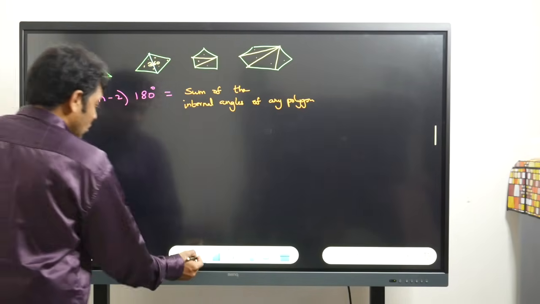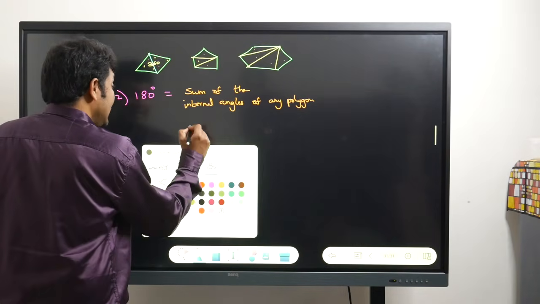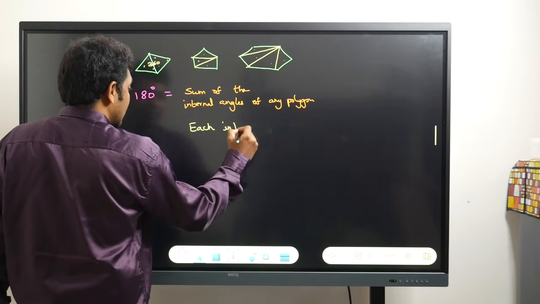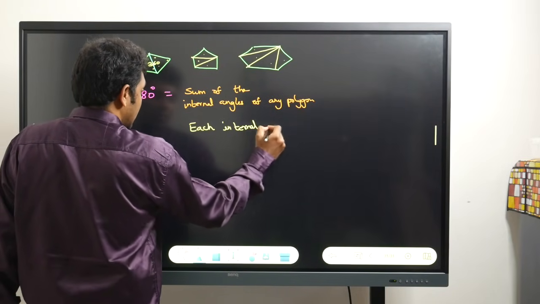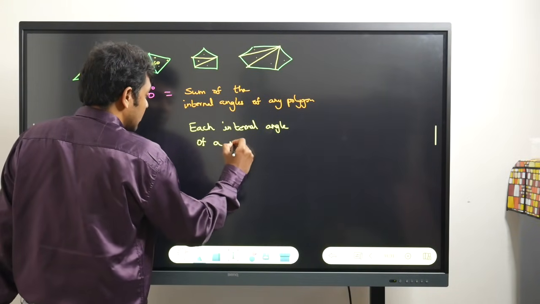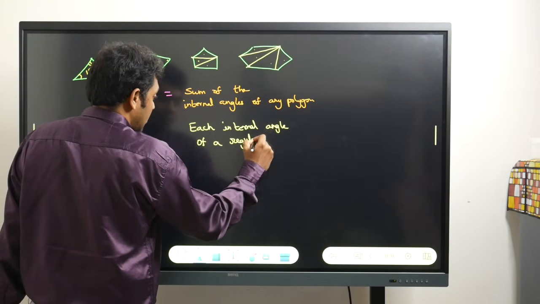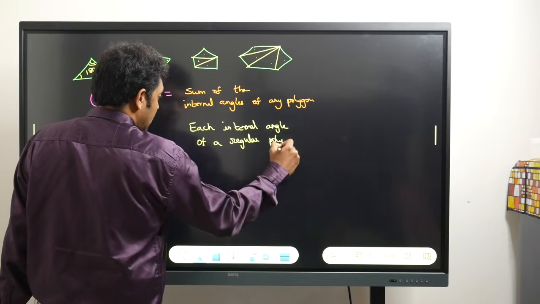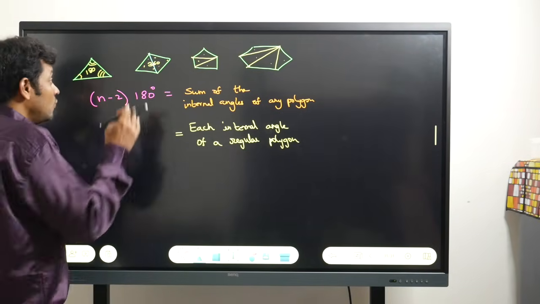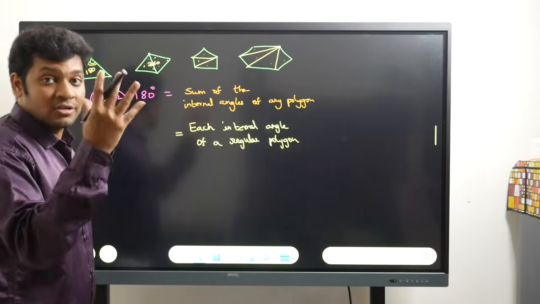If I ask you, what is each internal angle of a regular polygon? We know for a regular polygon all the sides and all the angles are equal.